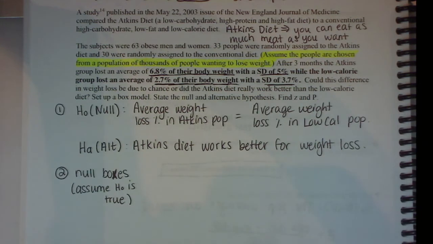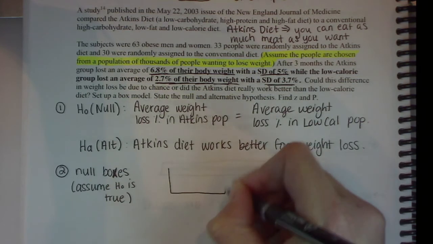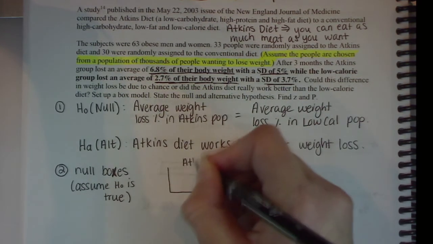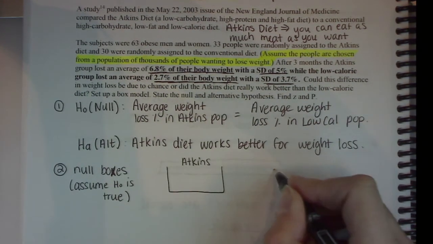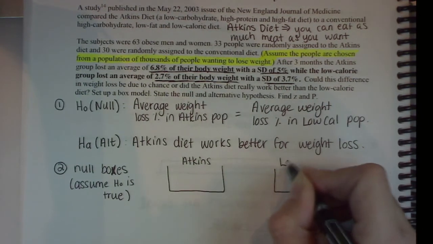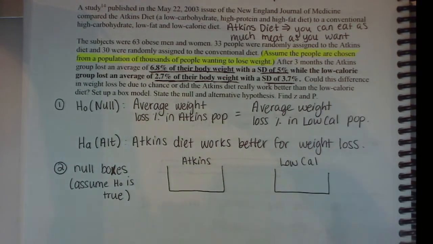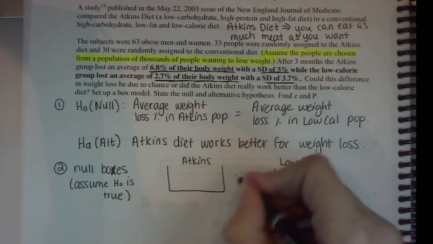So we're going to assume that our two populations, so we have thousands of people who are on the Atkins diet, thousands of people who are on a traditional low-calorie diet, and we're going to assume for the null that the averages are the same.